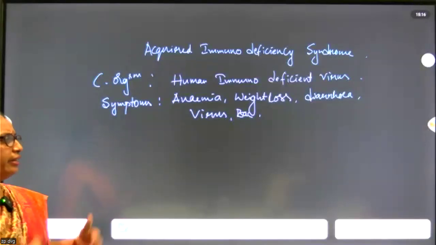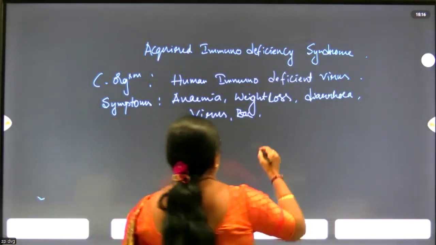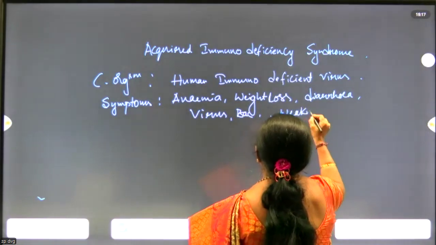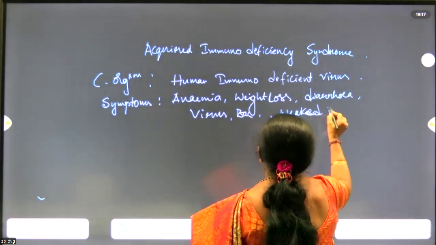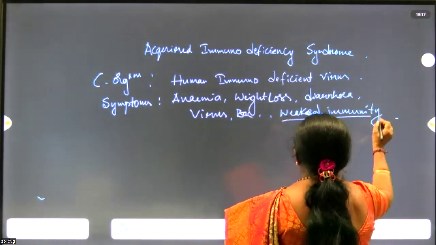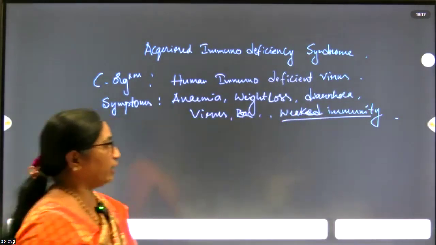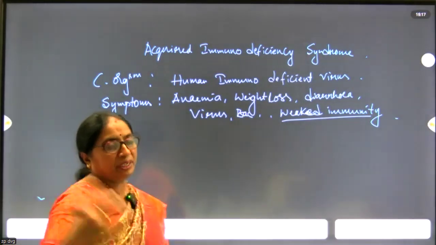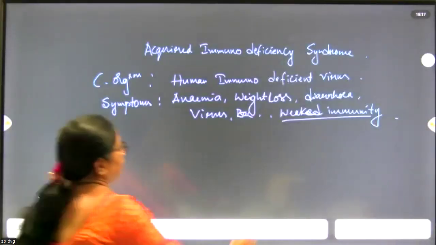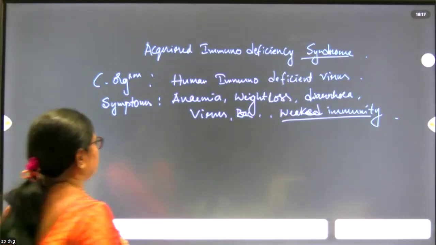There will be recurrent diseases attacking the patient because of the weakened immune system or immunity. Because of the weak immunity, the patient is susceptible to a variety of diseases, which we call the syndrome. So that is something about the symptoms.